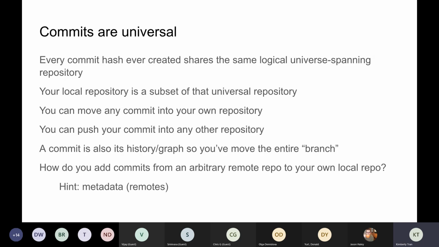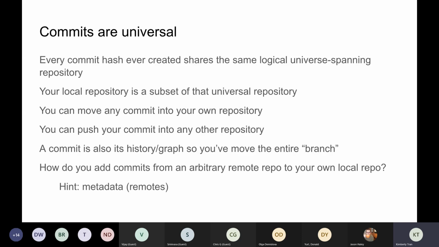My view of Git is that your local repository, or any repository, is just a subset of this universal repository. Taking the logical extreme, your code is in the same logical repository as Microsoft's code for Windows, if they share the same basic Git infrastructure of commit hashes.